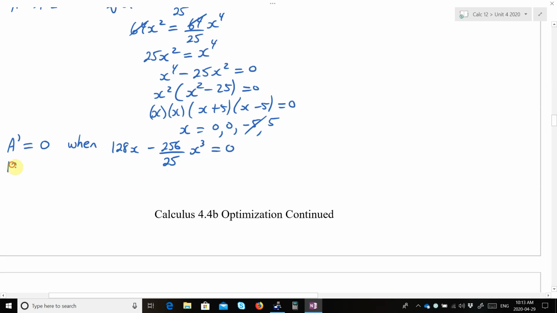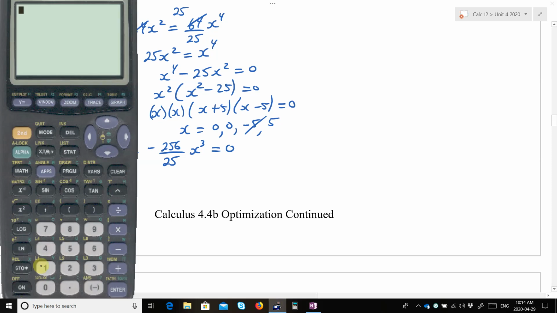Okay. And so that's 128x equals 256 over 25 x cubed. And I am going to multiply both sides by 25 and divide both sides by 128. So it would be 25x over here and 256 over 128 x cubed like that.